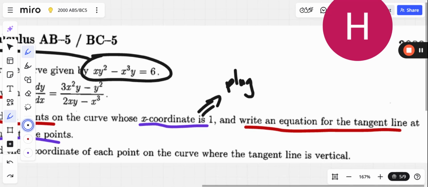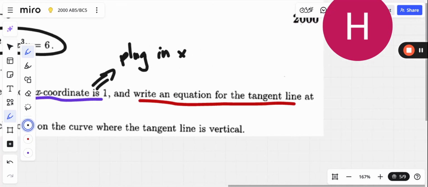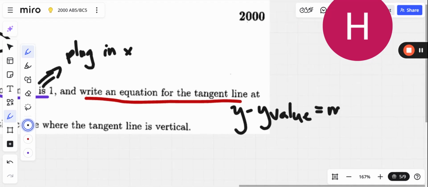Where do we need to plug it into? Well, we need a y value because we need points. But we also need slopes because we need the equation of the tangent line, which requires us to have the point and the slope. And it's suggesting that there may be more than one point.